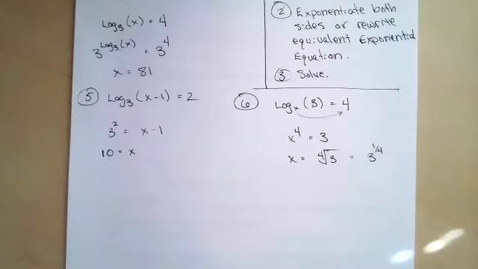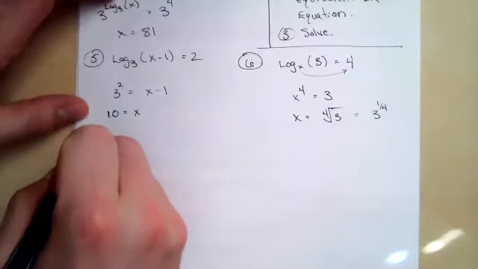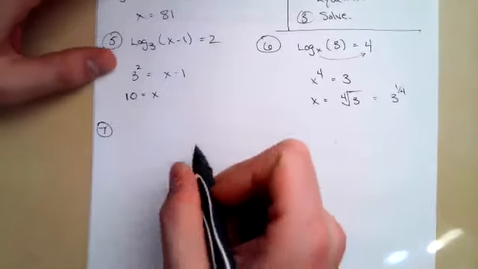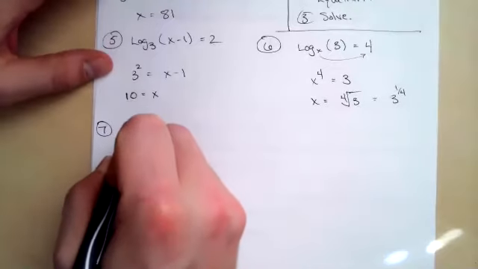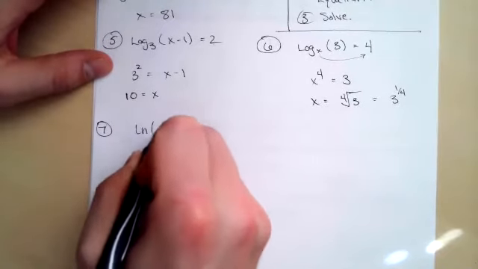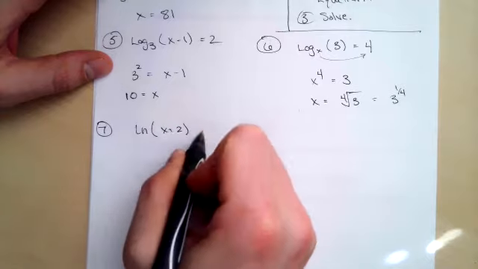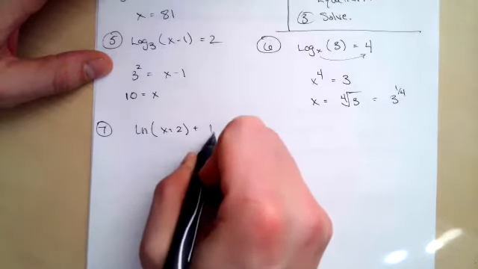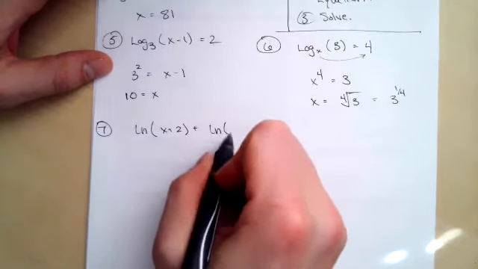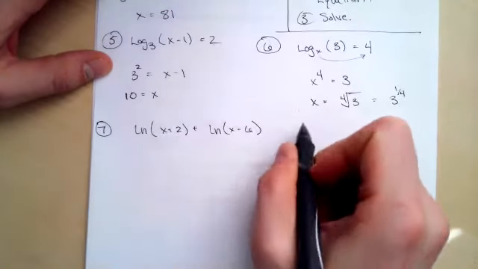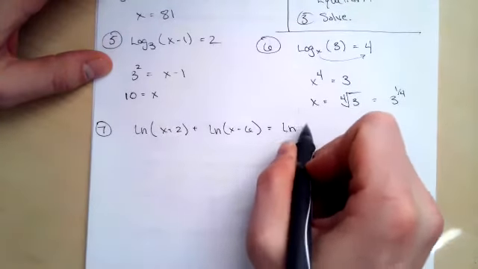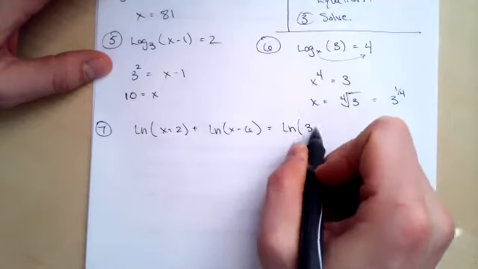Okay, so far not too bad. Let's do one with a little bit more work involved now. So let's say we've got natural log of x plus 2 plus natural log of x minus 6 equals natural log of 3 minus 2x.